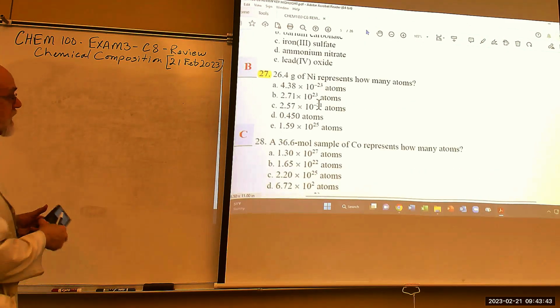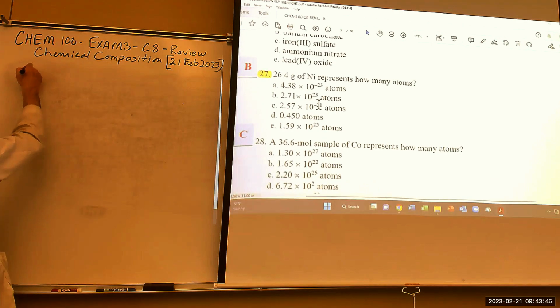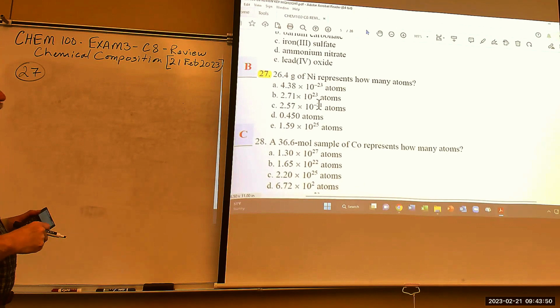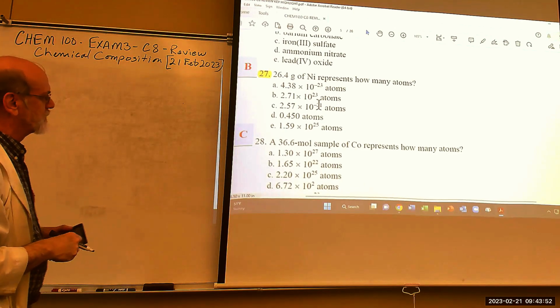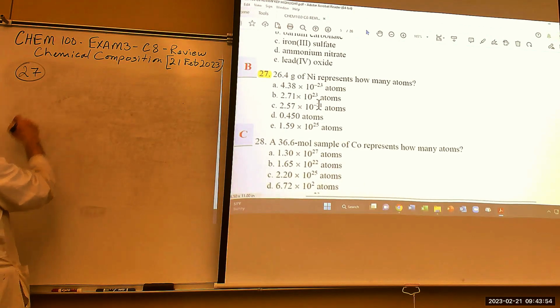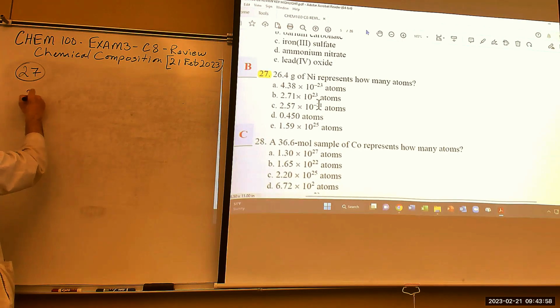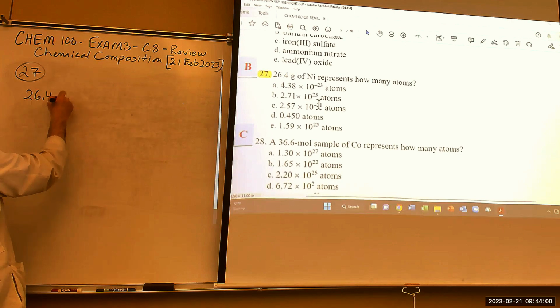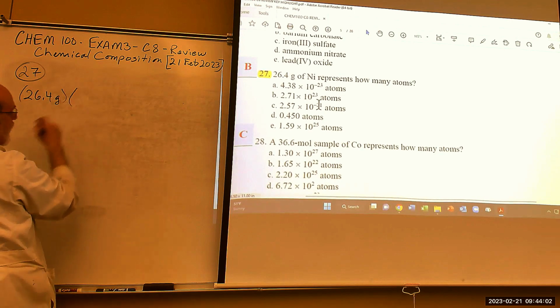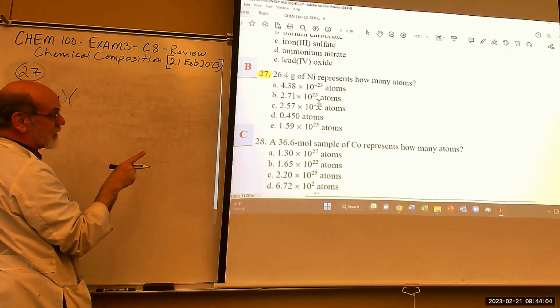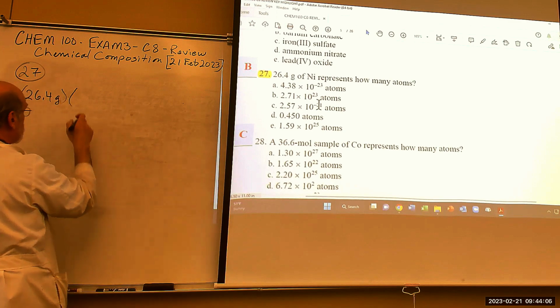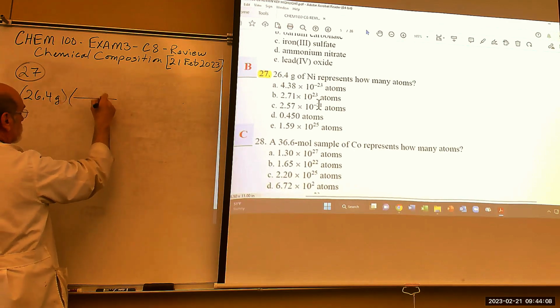Let's see, 27. 26.4 grams of nickel represents how many atoms? All right, this is simple. I'm just going to set it up and not do the calculation because we've done this kind before. 26.4 grams. If you want to know how many actual atoms, you've got to convert it to moles first.